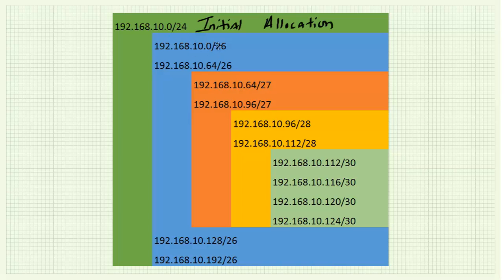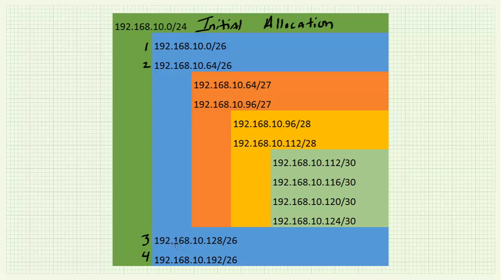We move the mask over, subnetted to a /26, and we use those 2 subnet bits to create 4 subnets from 192.168.10.0. And there they are. I've numbered them 1, 2, 3, and 4. 192.168.10.0/26, 10.64/26. And these 2 down here at the bottom, notice that we didn't even use them.